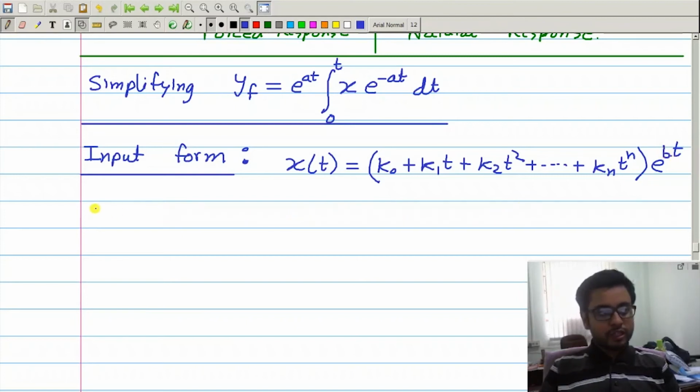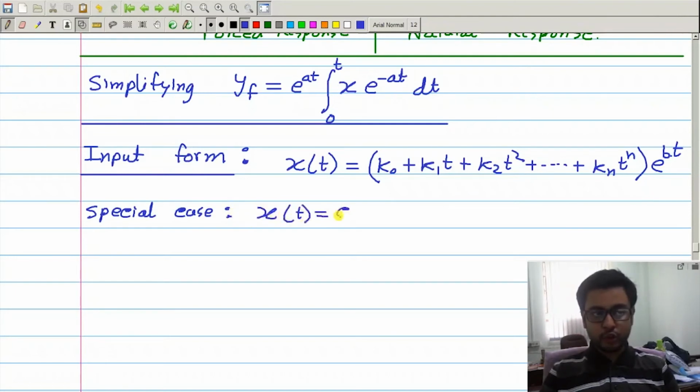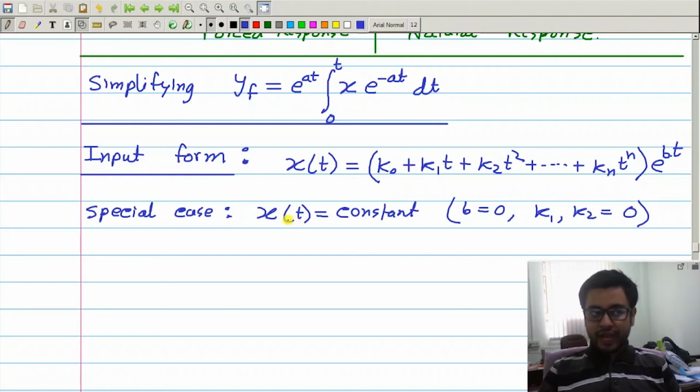Okay, so you can then consider some special cases of this form. You can consider x(t) equal to pure constant. That means b is equal to 0 here, and then k1, k2 are also 0. Only k0 is present. So that input being constant will be a special case of this general form of input that we are considering.